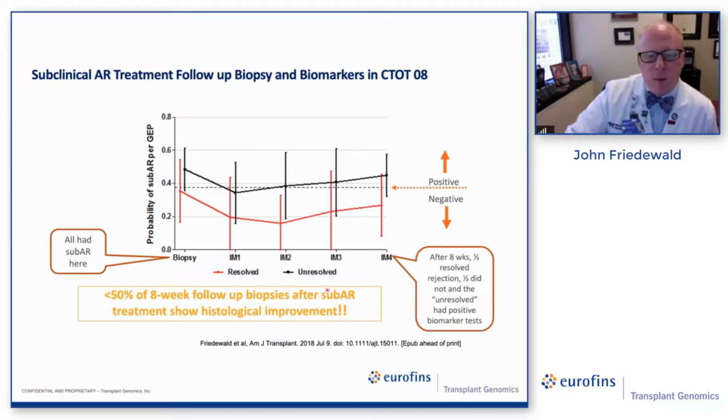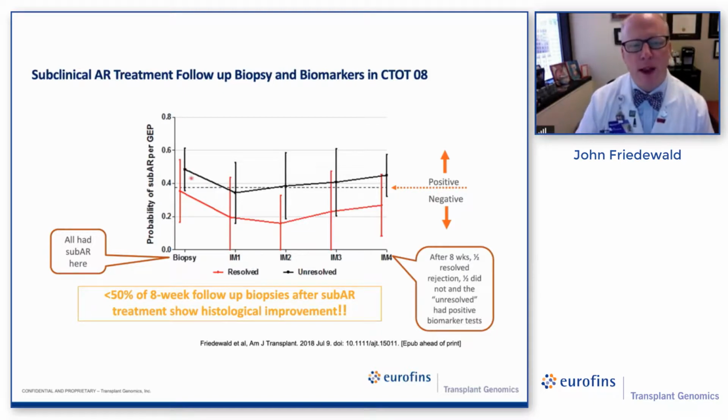What we also found interesting is if you look at the biomarker, the positive-negative line here, the groups that resolved their rejection, shown in red, versus the group that had unresolved histologic rejection in black, a couple of interesting things emerged. Number one, at the baseline biopsy, about half the patients who had resolved their rejection had a negative biomarker to begin with. And again, the biomarkers were done retrospectively.